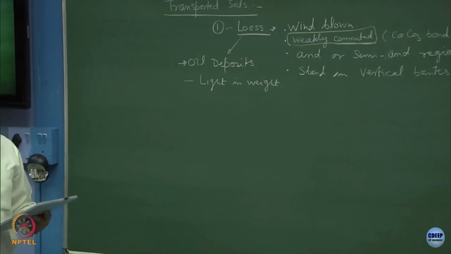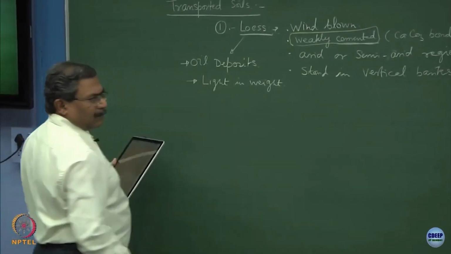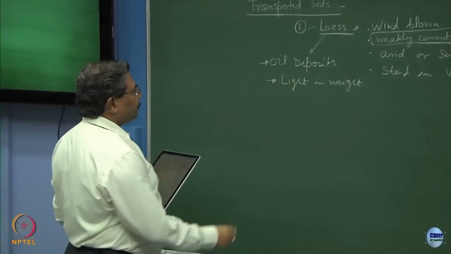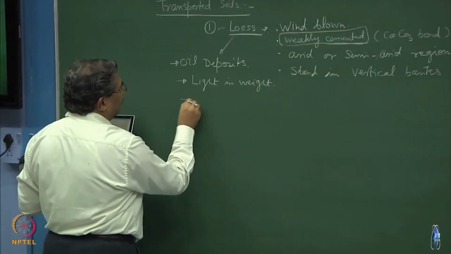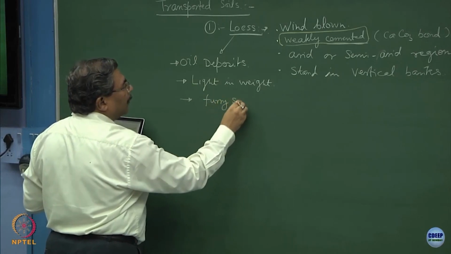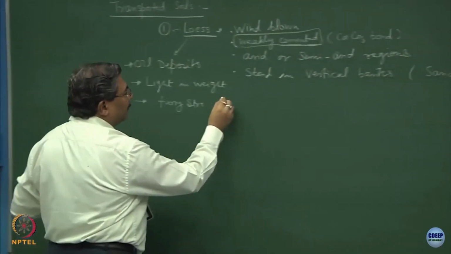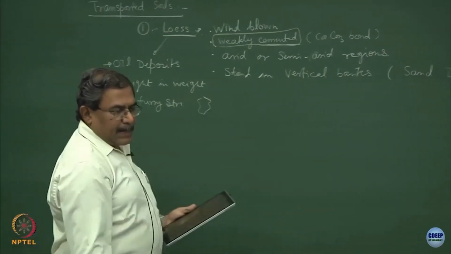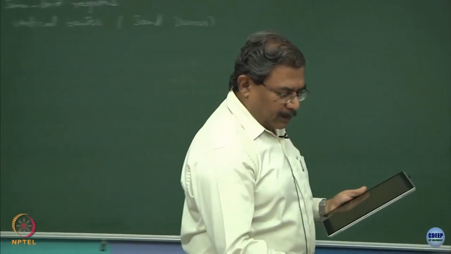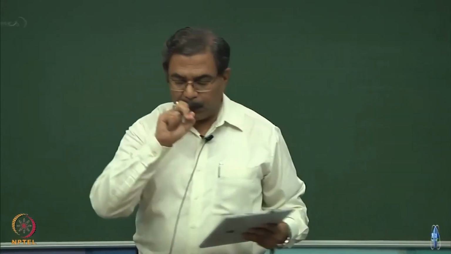And particularly if you look at their microstructure, which we will be discussing maybe after 2 or 3 lectures, you will find that they have a lot of furry structure on the surface. So, the surface of the particle is not going to be as smooth and as spherical as the river transported sands.